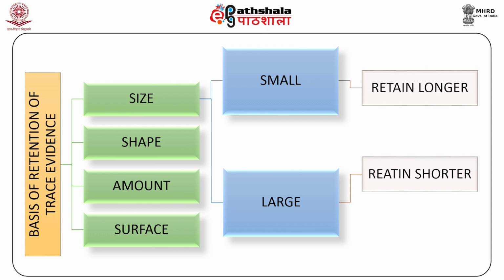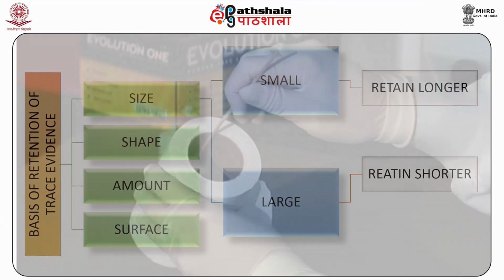This depends on the size, shape, and the amount of the particles deposited. Smaller particles persist for a longer time in comparison to larger particles. Also, irregular surfaces such as wood collect smaller particles more readily than the smooth ones.